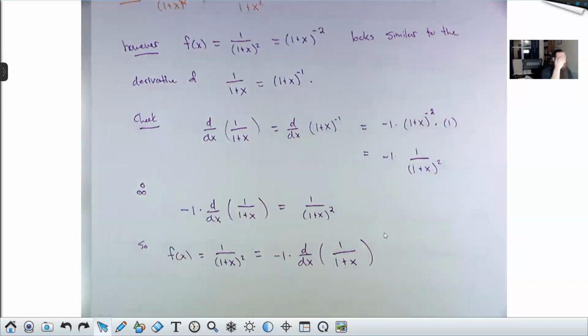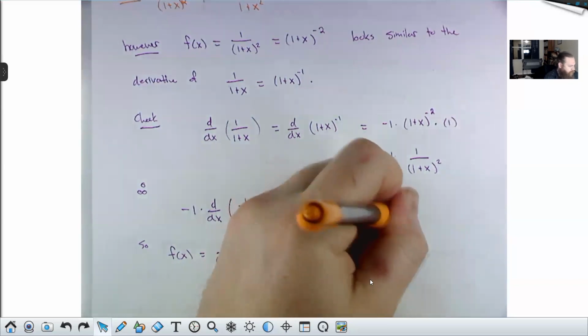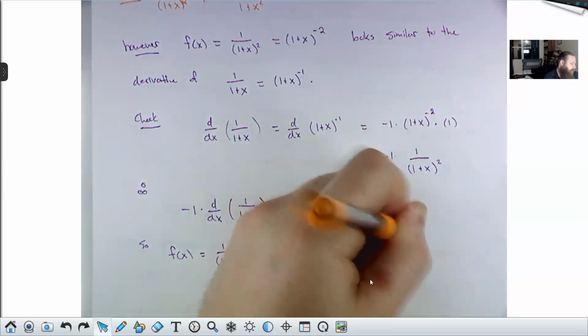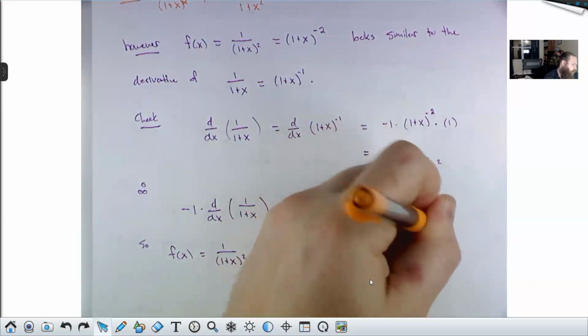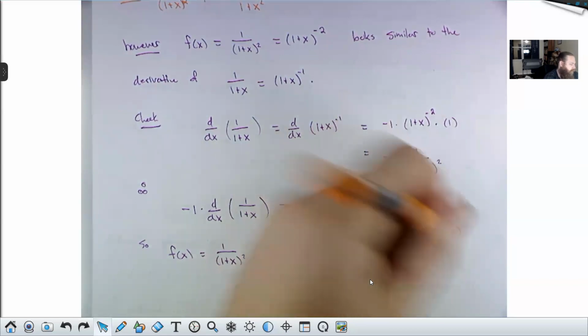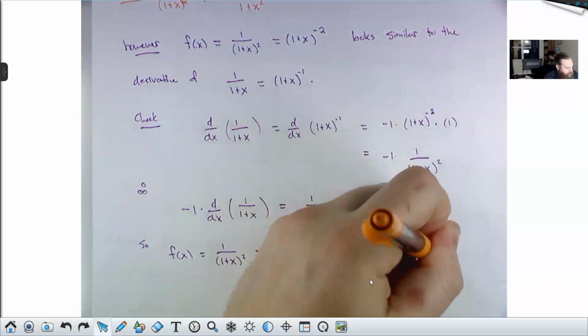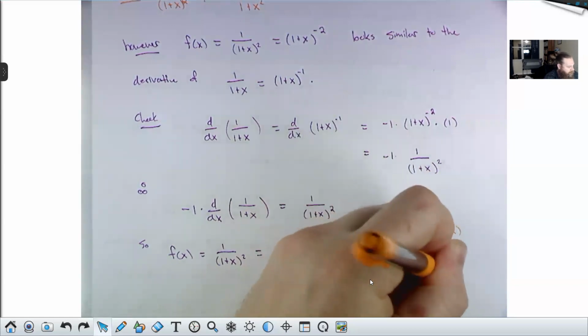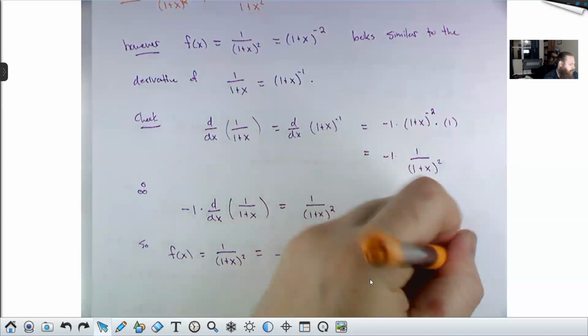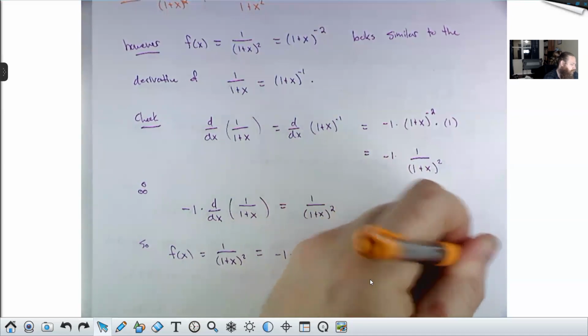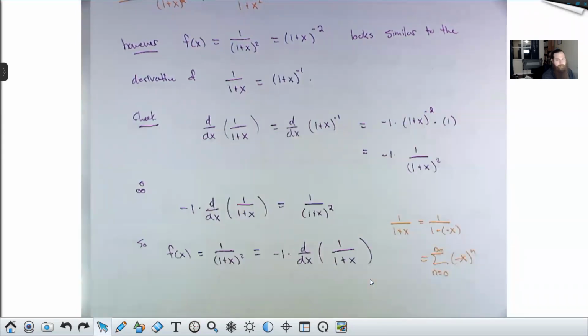Why is this good news? Because I know how to write this thing as a series. Aside here, I know that 1 over 1 plus x is 1 over 1 minus negative x, which can be written using my geometric series trick as sigma n from 0 to infinity of negative x to the n.